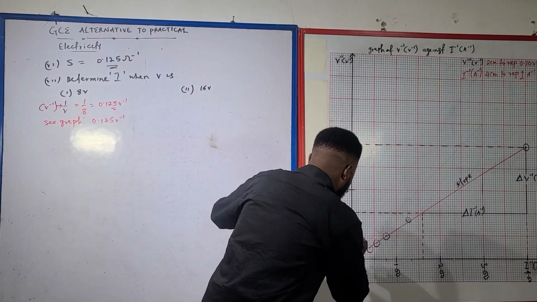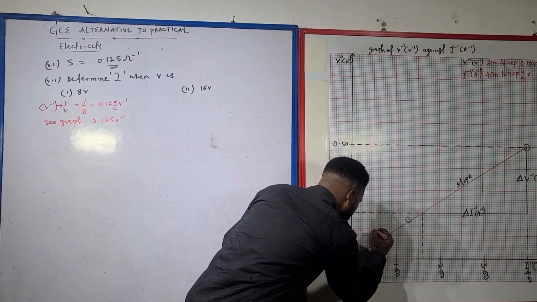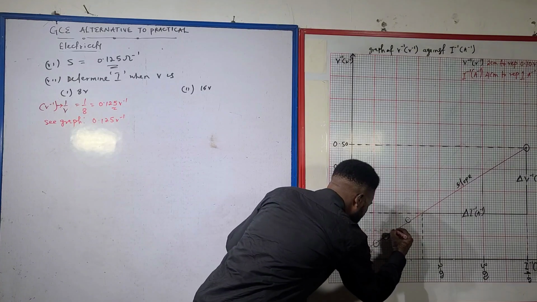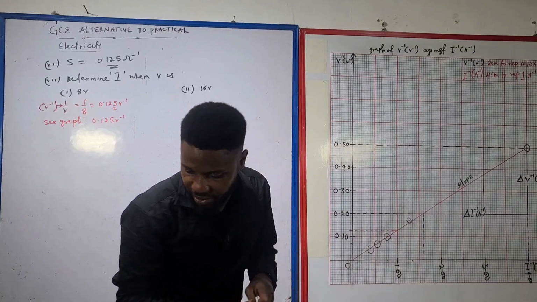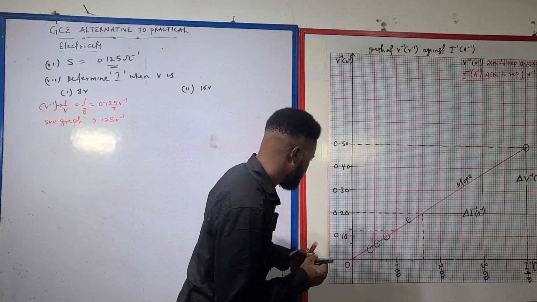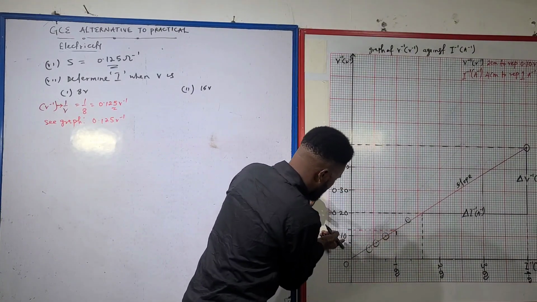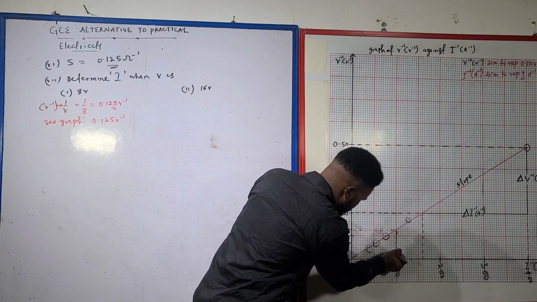So that I am going to trace using my ruler. Of course, I'm using a whiteboard, so the discrepancies will be there. Okay, so I'm going to trace that. This is 0.125.